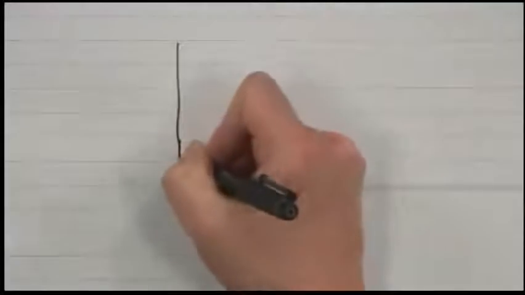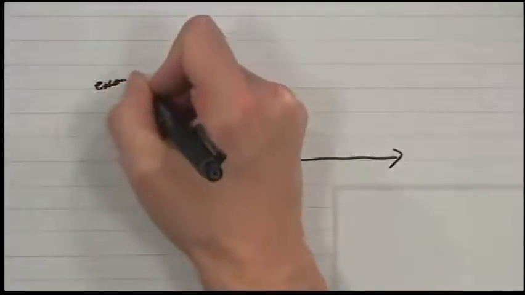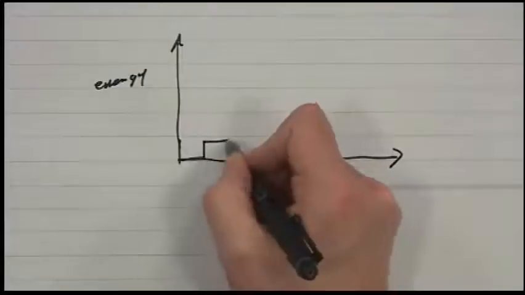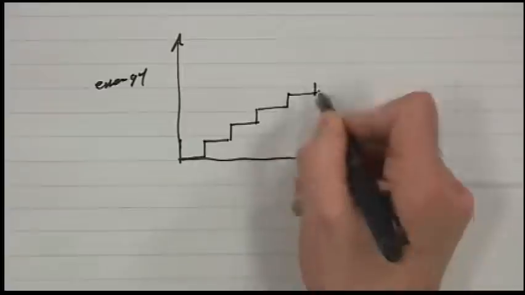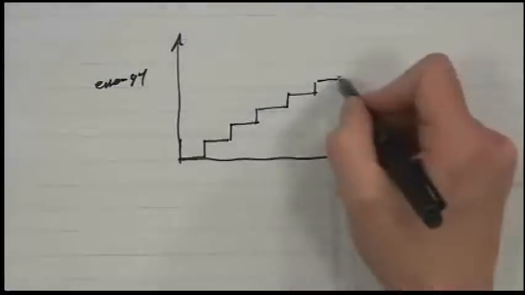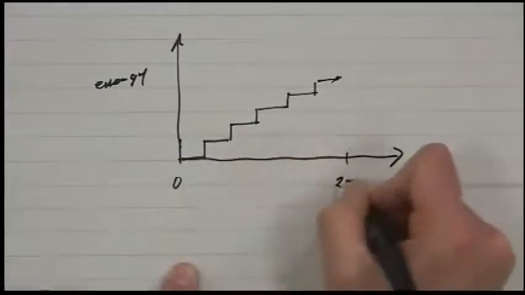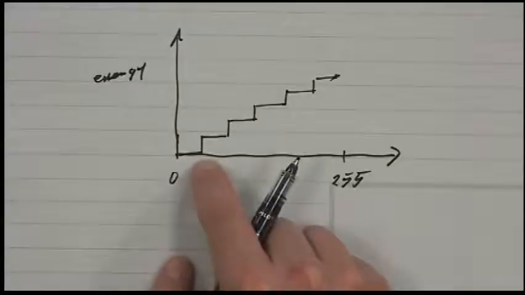So the problem is this. If we take an image, and this is units of energy, and we use a standard quantization with steps like this until we get to the top here. This is like 0 to 255 because we say we have 8 bits. Well, here it's 0, right?